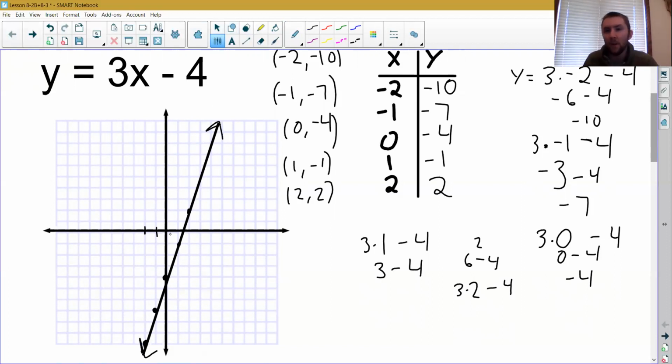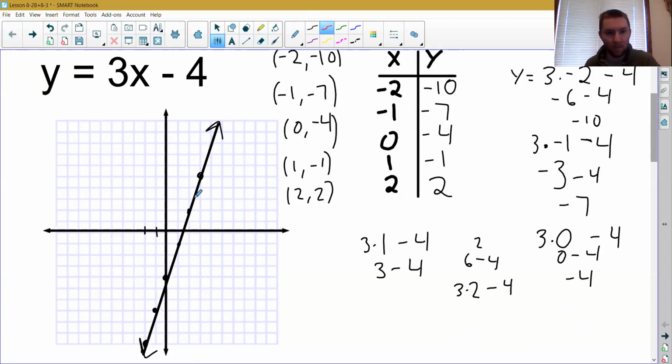What this line is doing is showing me every single solution to this equation, every single x and y value for this particular equation. For example, if I go to 1, 2, 3, I'm up here. So when x is 3, I see that my y value would need to be 1, 2, 3, 4, 5. So 3, 5 would be a solution. I could find infinitely many more solutions.